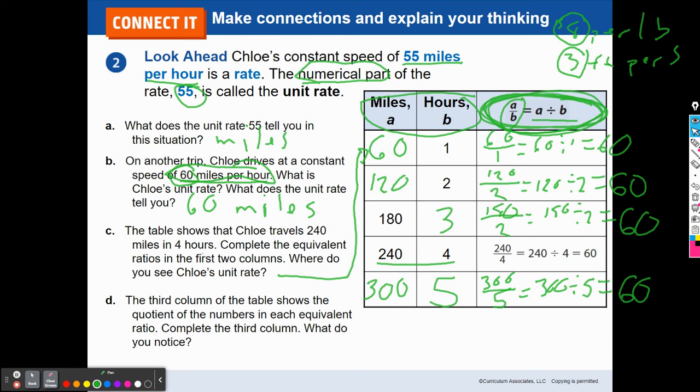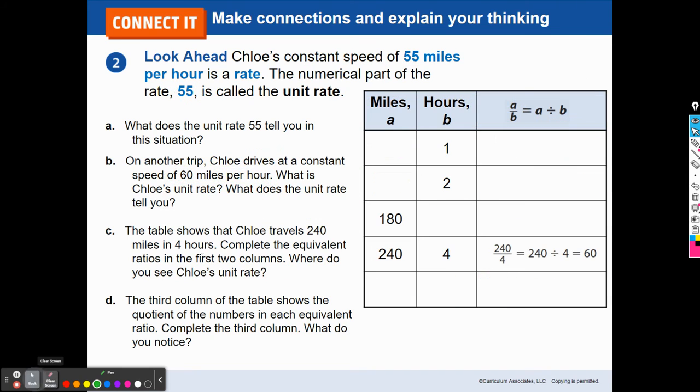Every time I find the quotient of my equivalent ratios, I get 60. So that's what I noticed about my chart. All right, so all of this gets our brain ready for what we're about to do.